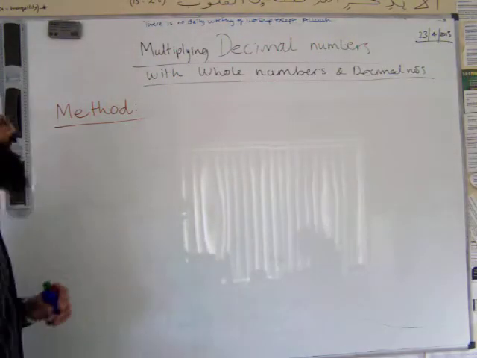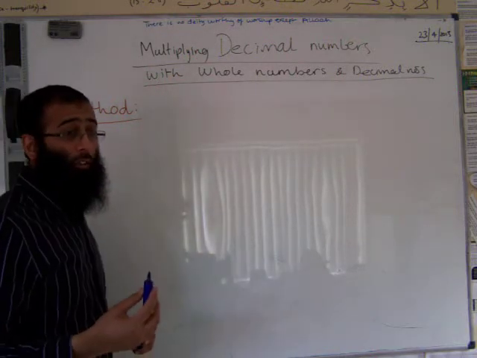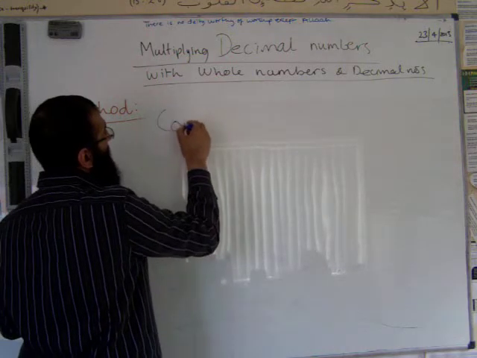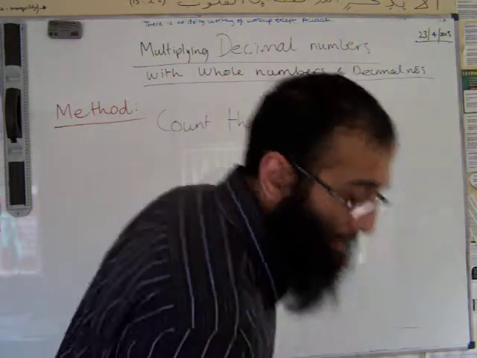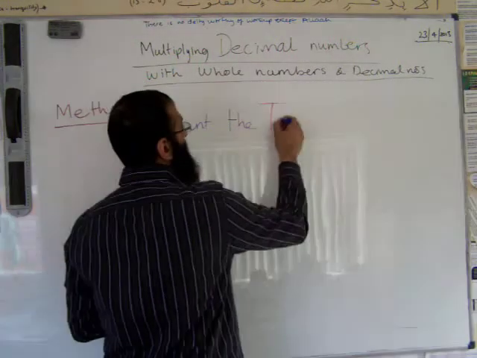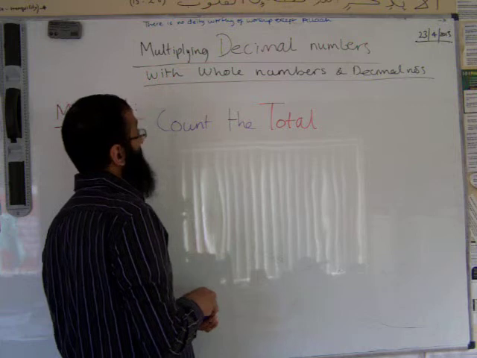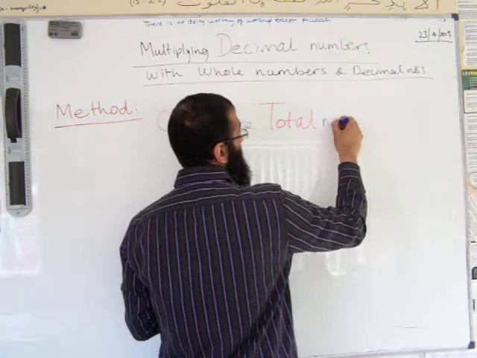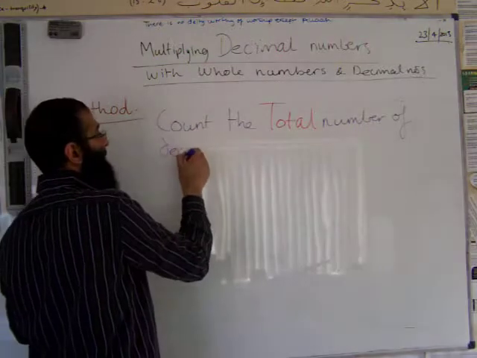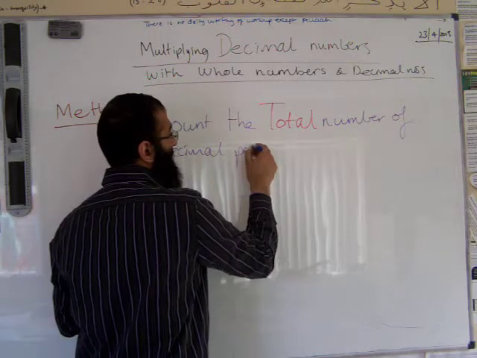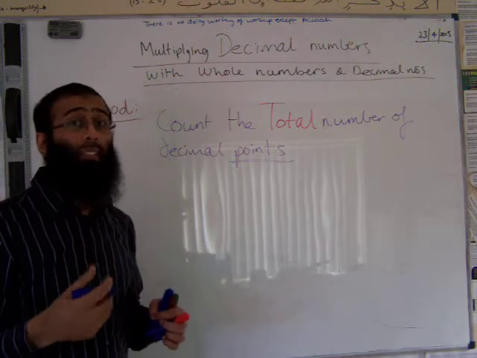Right. Sorry about that. Okay, now the method. What we need to do is count. Can you count? Good. We need to count the total number of decimal points in the question.